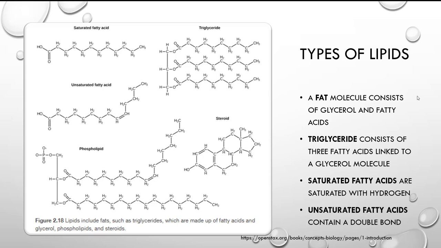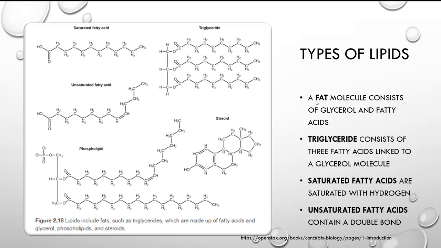An example of a type of lipid is a fat molecule. Let's look over at a fatty acid. If we look at the structure of the fatty acid, this is a saturated fatty acid, by the way. It basically is just carbons and hydrogens with an oxygen at the end. So it's basically a bunch of hydrocarbons is what we call it.